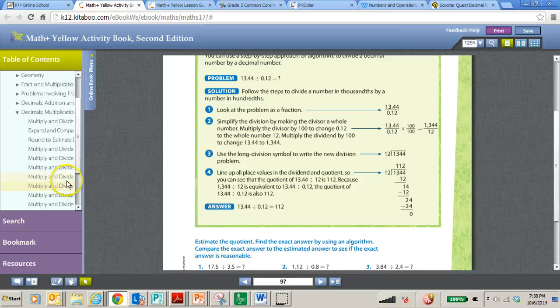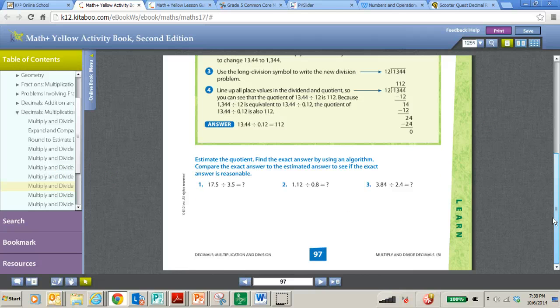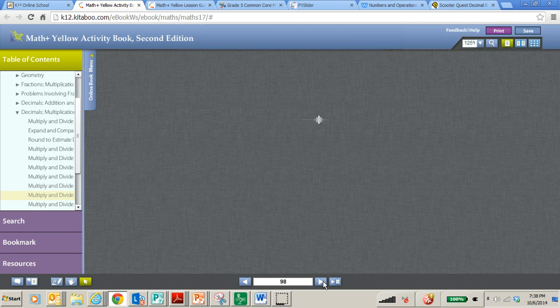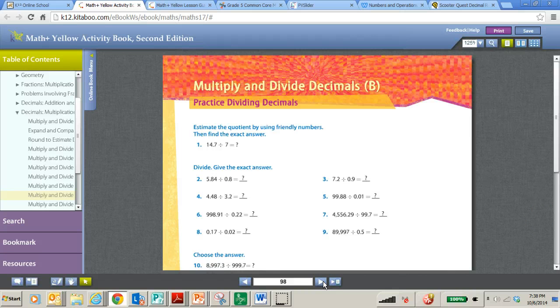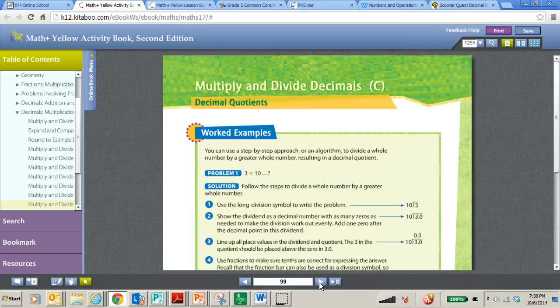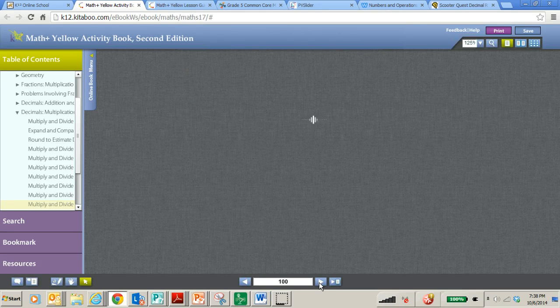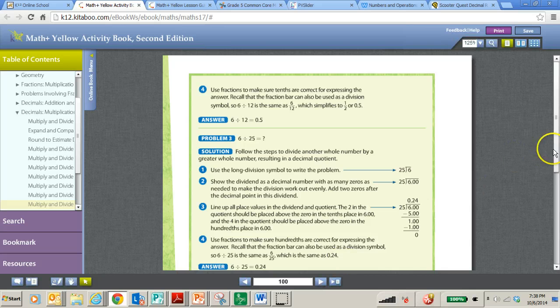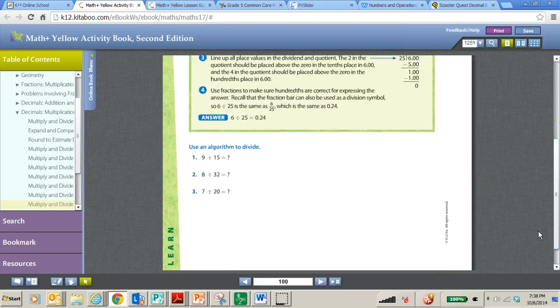So when you get down to this multiply and divide decimals with larger numbers, this is an activity that you can skip or you can simply work through with your student. The same thing is going to occur as you go through a lot of these problems, so definitely use your judgment and this recording as a guide to what is appropriate so that you know how to help your child be successful with this unit.